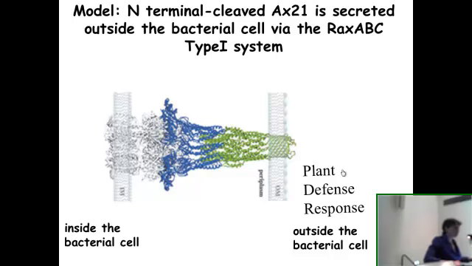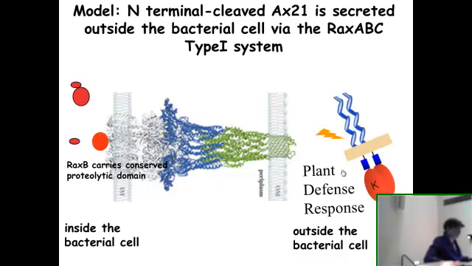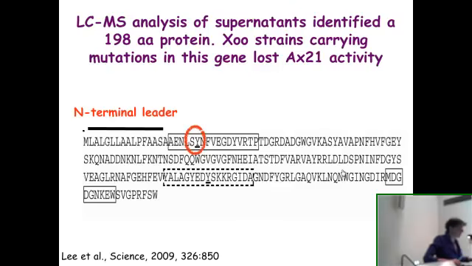And that proteolytic domain was known to cleave N-terminal sequences from small proteins. So our model is that there was some small protein in the cell that would be cleaved by RaxB, and there you go. It goes outside the cell, and there it is recognized by the XA21 receptor, leading to a plant defense response.